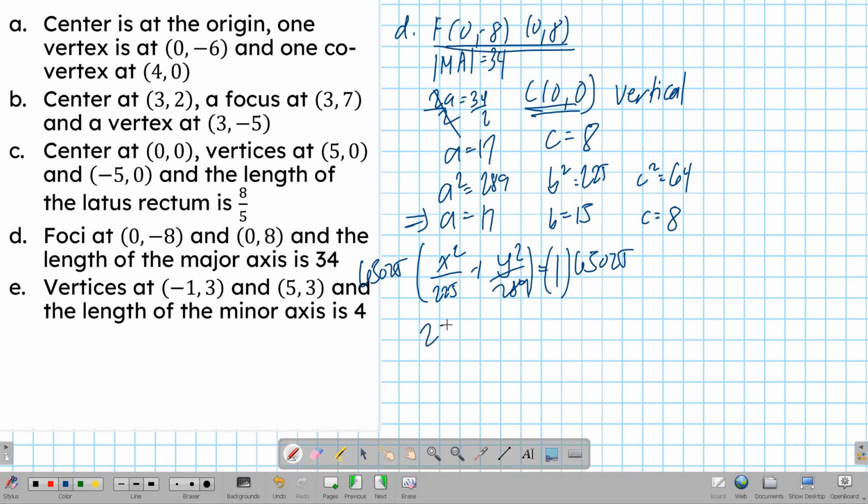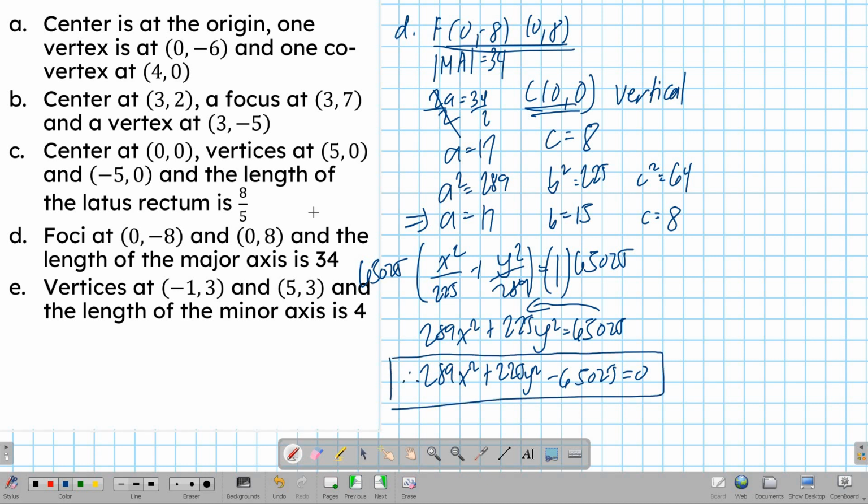Therefore, this becomes 289x squared plus 225y squared equals 65,025. Then we transpose, so we have 289x squared plus 225y squared minus 65,025 equals 0. This is the general form of the equation of this ellipse.